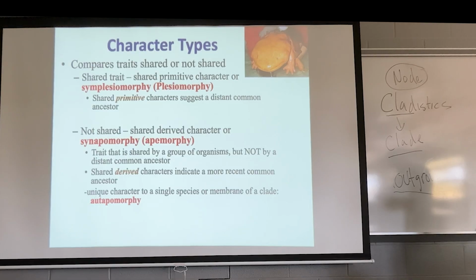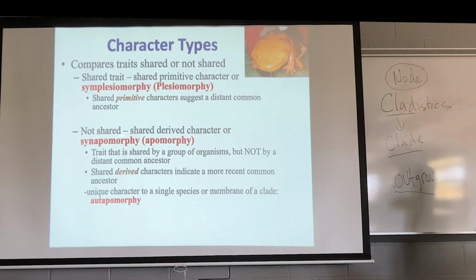An apomorphy, apo meaning new or derived character, are the actual characters we're going to use to separate groups into smaller and smaller and smaller and smaller groups, or taxa. And we call these derived characters. Shared derived characters are called synapomorphies.